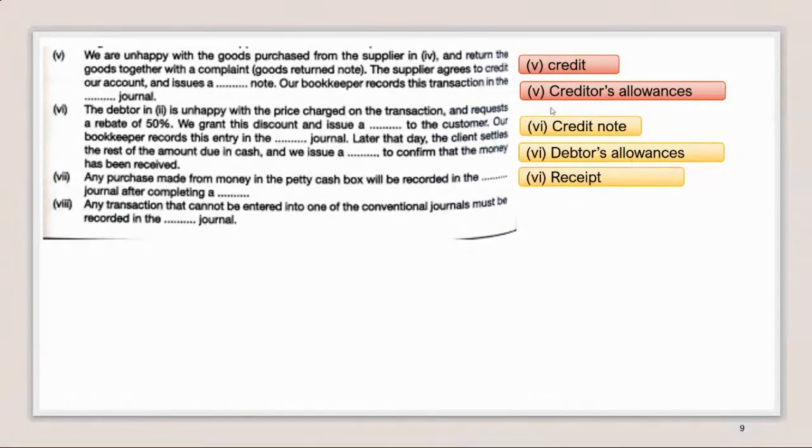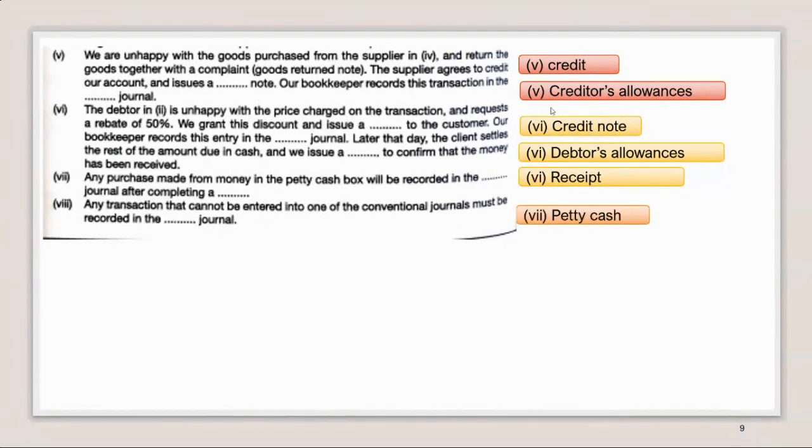Then number 7, any purchases made from money in the petty cash box will be recorded in what journal after completing what document? Okay, so any petty cash transactions, what journal do we capture that in? The petty cash journal. Yes.